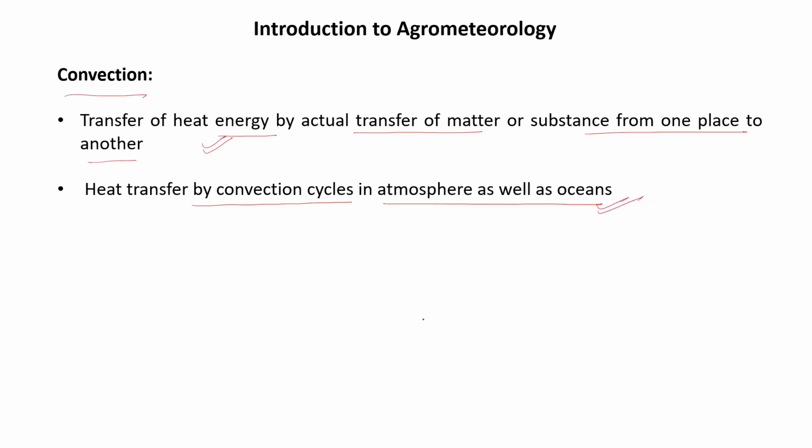So what happens when the solar radiation, okay, so this is the surface of the earth, solar radiation reaches the surface of the earth, and this heated surface, the air around the heated surface also gets heated up, and it rises. So this is the convection process, heat transfer by the convection cycle in the atmosphere as well as in the oceans.